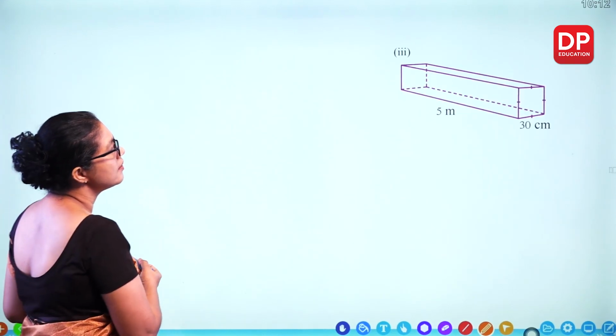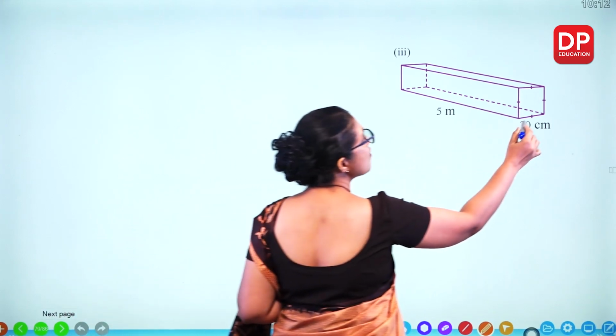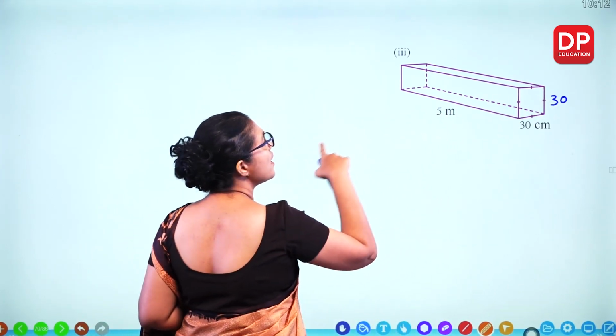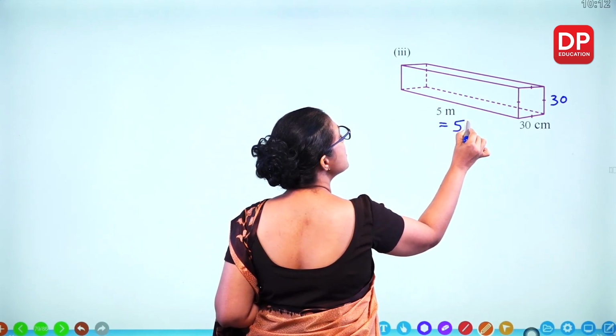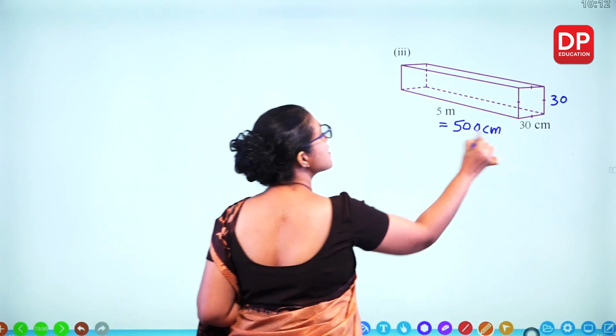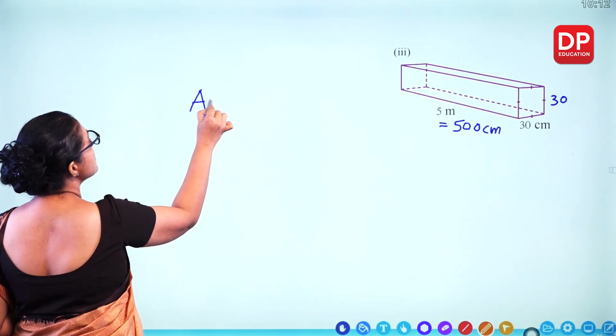This one, 35, and here height is also the same. So this is 30. But this one is in meters. So we'll convert this to centimeters. That's 500 centimeters. Now you can find the surface area. So what's the surface area?